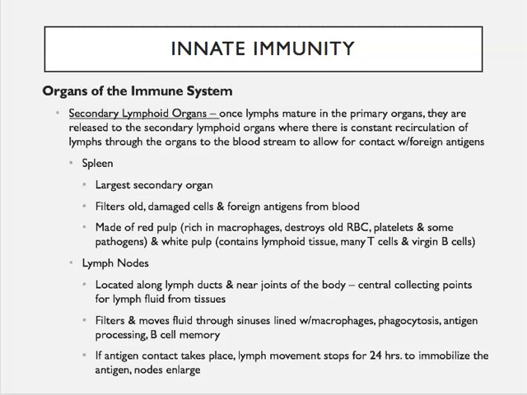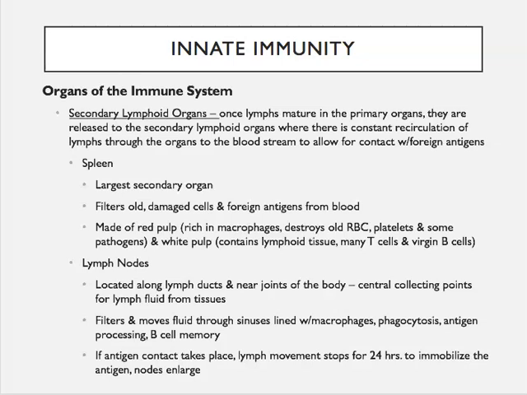The spleen is the largest secondary organ. It filters old, damaged cells and foreign antigens from blood. It's made up of red pulp and white pulp. The red pulp makes up a little over half of the total volume. It's rich in macrophages. It helps destroy old red cells, platelets, and some pathogens.